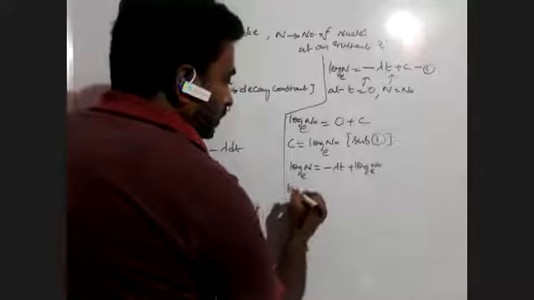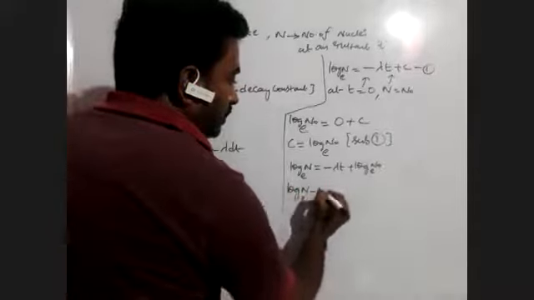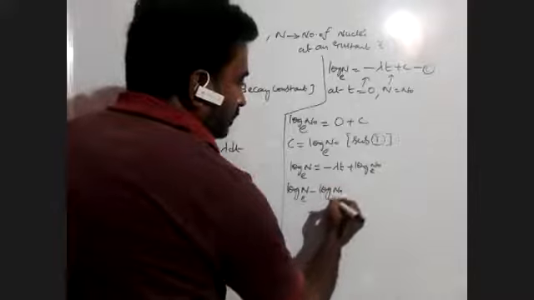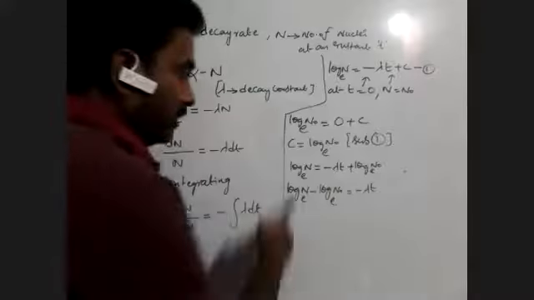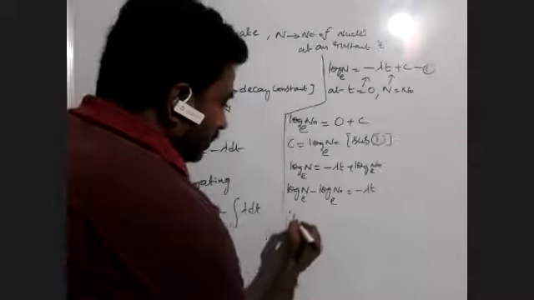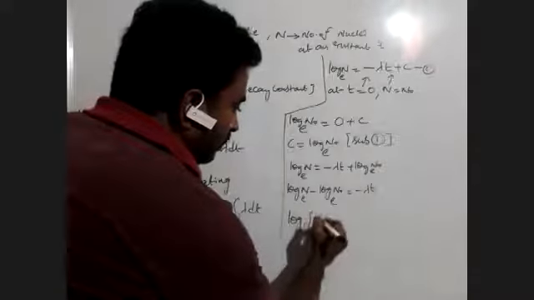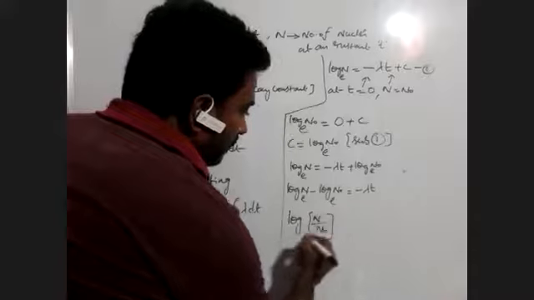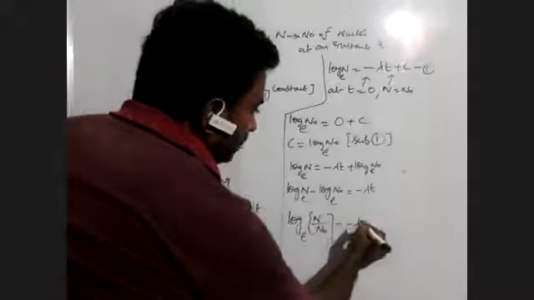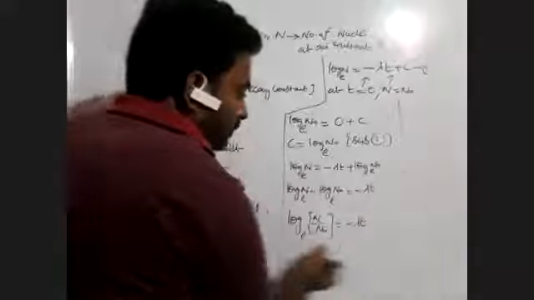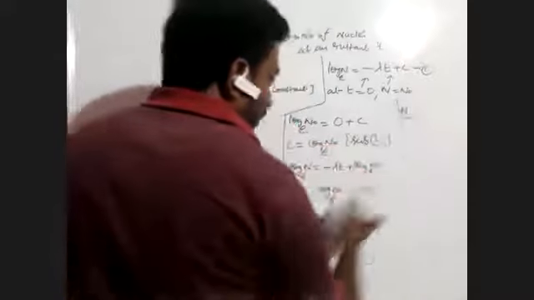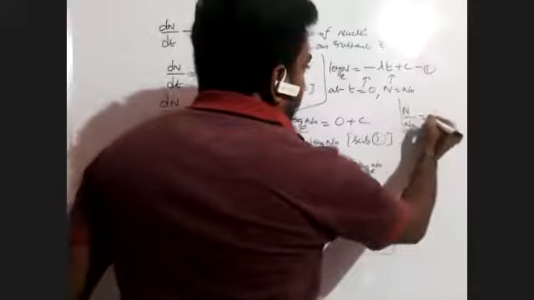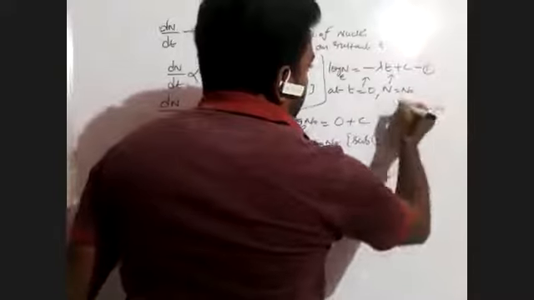Taking this side, log N to the base e minus log N naught to the base e is equal to minus lambda t. Now log a minus log b is log of a by b, so log of N by N naught to the base e is equal to minus lambda t. Removing the logarithm on both sides, N by N naught becomes e power minus lambda t.